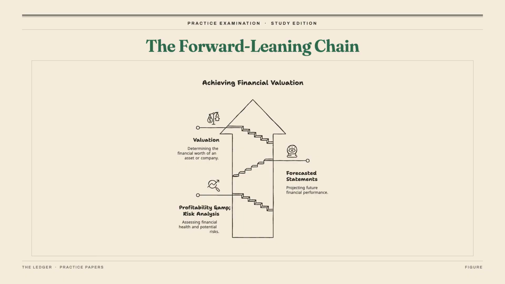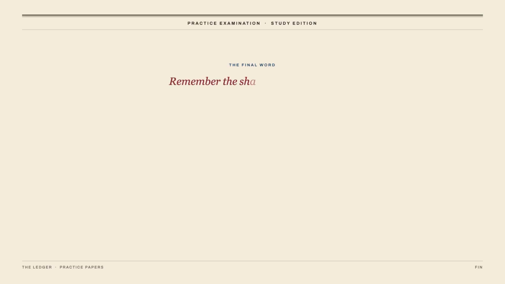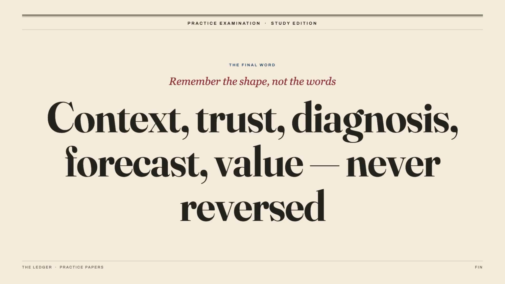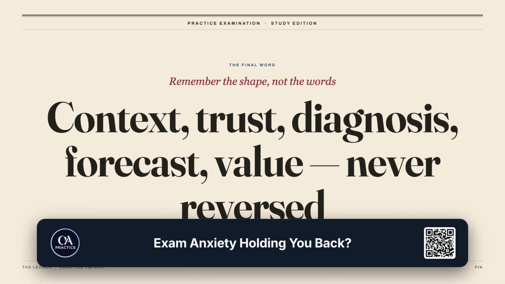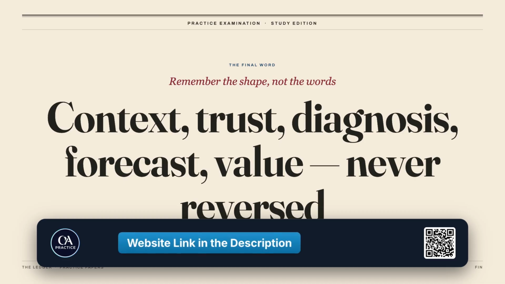Forecasting projects that diagnosis into future statements. And valuation compresses the forecast into a present estimate of worth, each depending entirely on the one before it. Analysis moves from the general to the specific, from the world to the firm, from the past to the future, and from raw data to judgment. Internalize that arc, and no scrambled, plausible-sounding rearrangement will ever fool you.